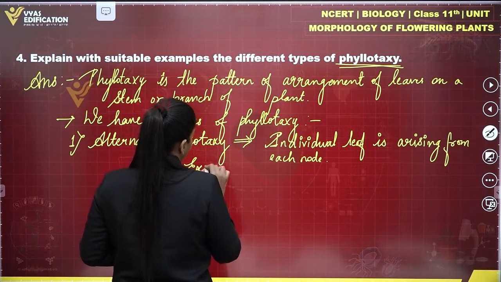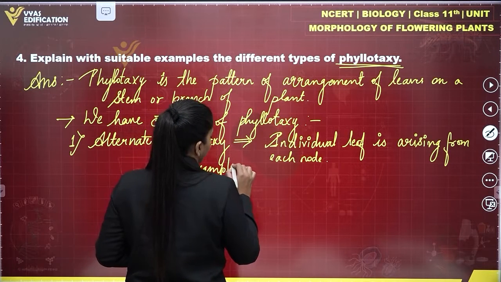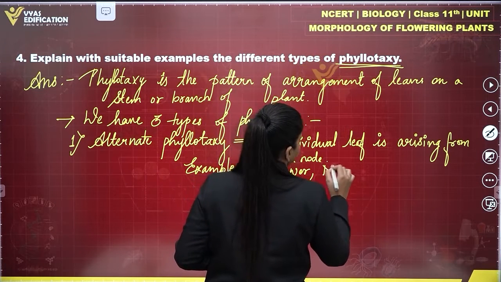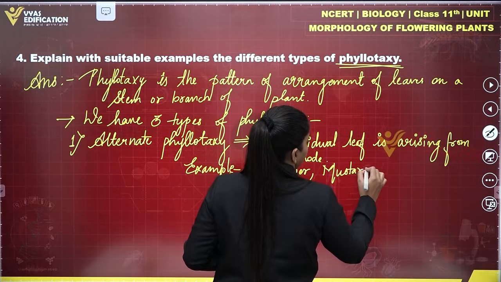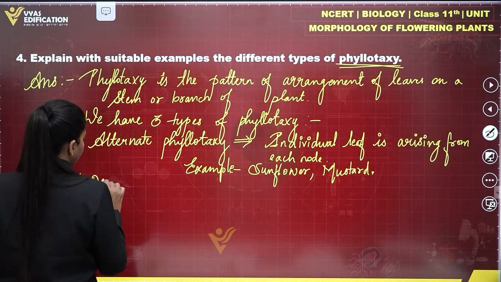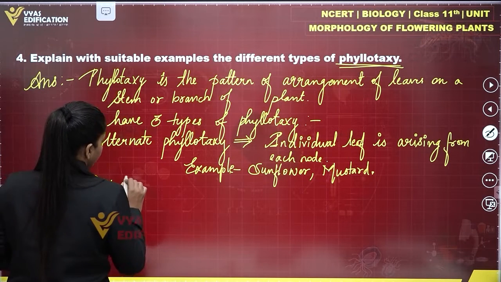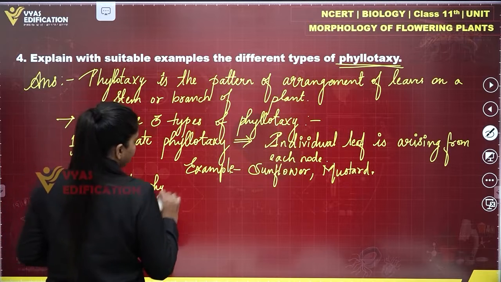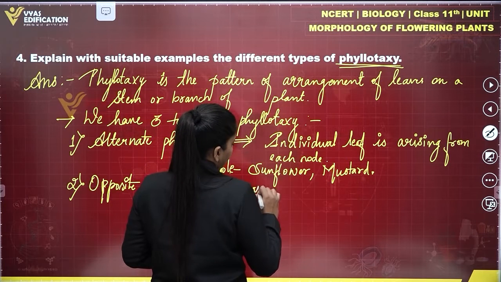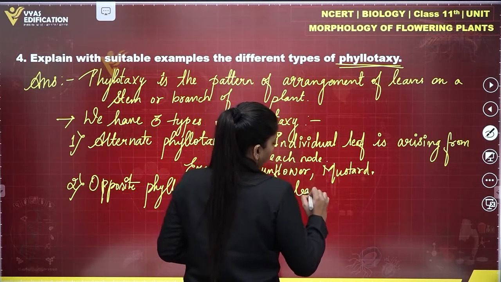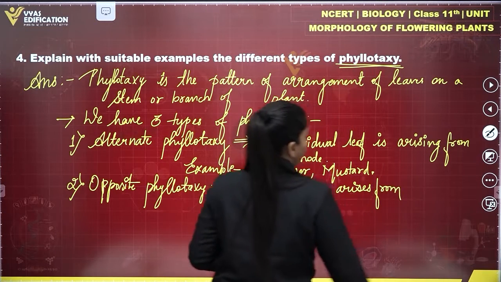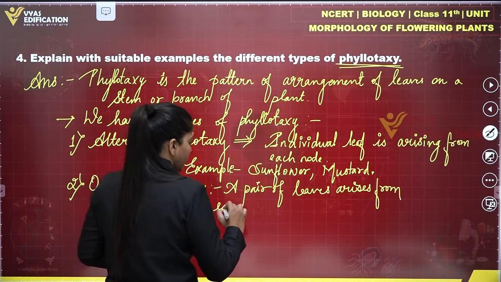We have some examples for this, such as sunflower, mustard, peepal, etc. If we talk about the second one, that is opposite phyllotaxy, then a pair of leaves arises from each node.